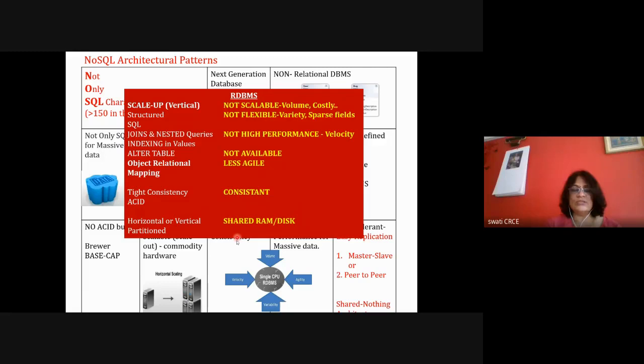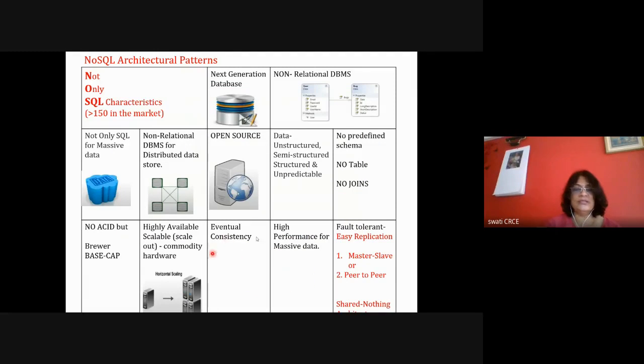But that is not the case with most of the NoSQL databases. That is the only issue of NoSQL databases, that it is eventual consistency. Eventual consistency means the event has occurred right now, the data is not in a consistent state at that particular time, but eventually, after some time gap, you will see all the data in a consistent state.